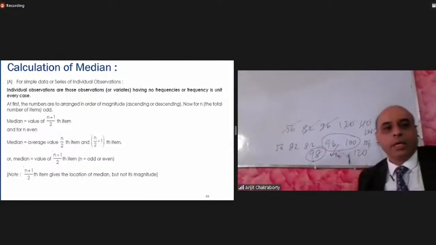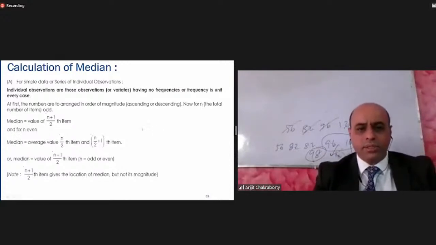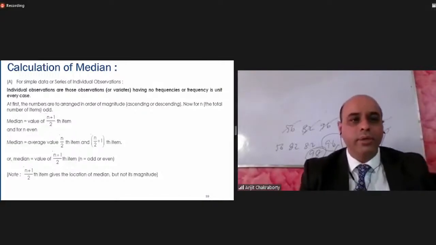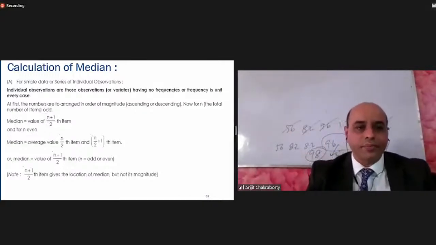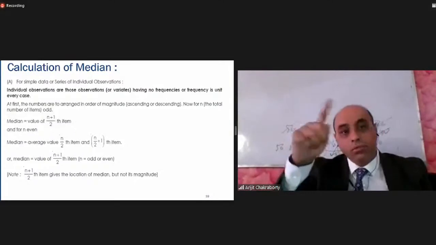So please note, for simple data, we have to remember a simple rule which will be helpful for your calculations: when we have individual observations, the median will be taken as the (n plus 1) by 2 th term.